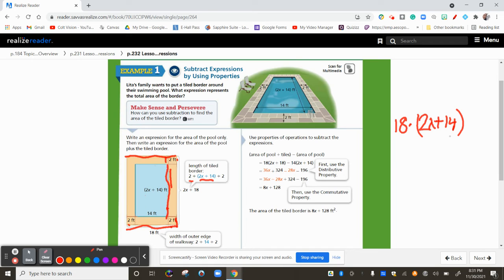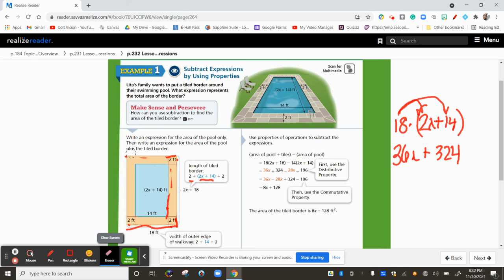To find that area, I would use the distributive property, 18 times 2x and 18 times 14. So that's where they get the 36x plus 324. That's the area of the whole pool. Then we have to subtract out the area of the water, because the water isn't part of this tile going around.